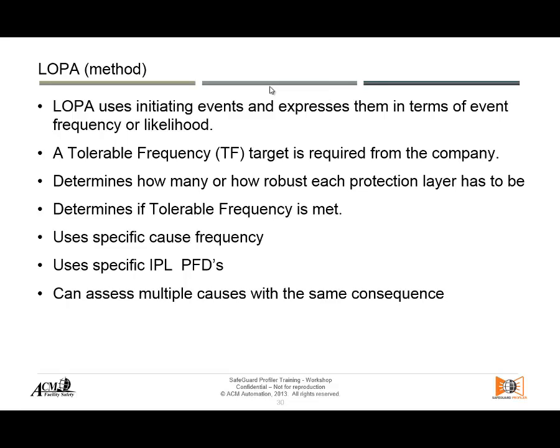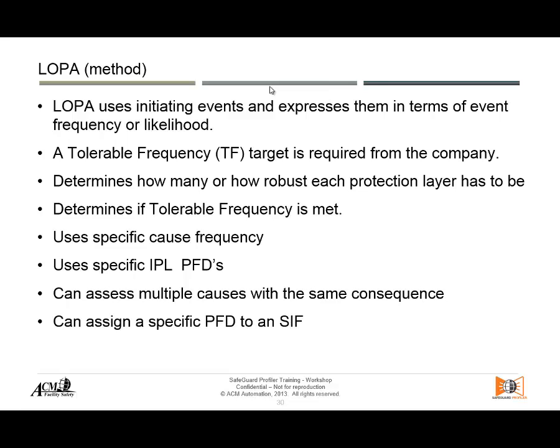One important thing about this methodology of layer protection analysis is that we can assess multiple causes with the same consequence, all of them contributing a certain amount of risk. All those deviations and scenarios have in common the same severity of the consequence, and all of them affect that risk receptor at that moment.